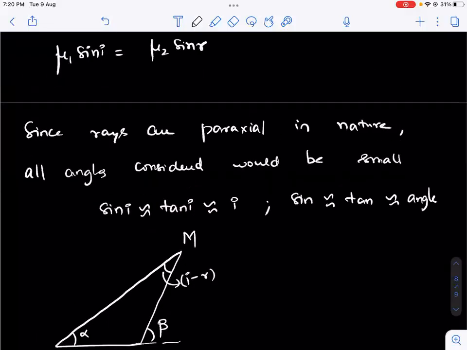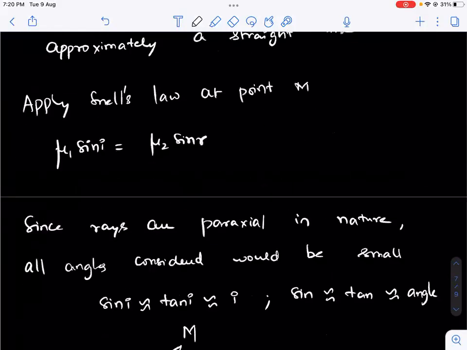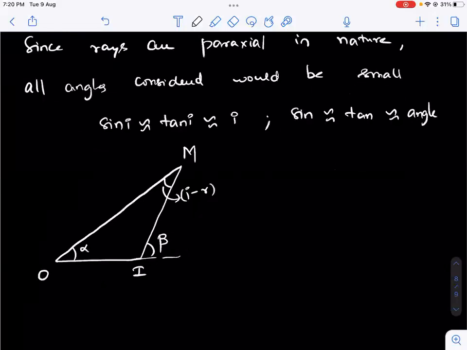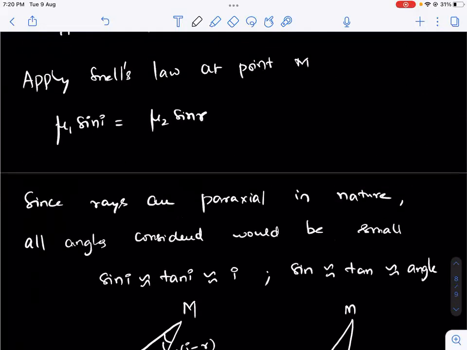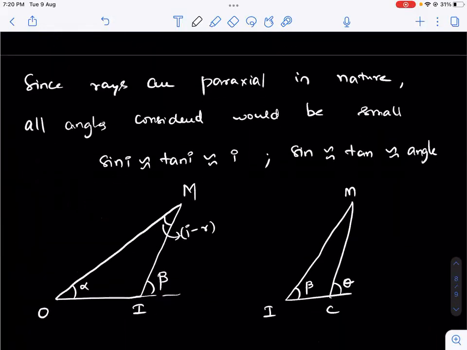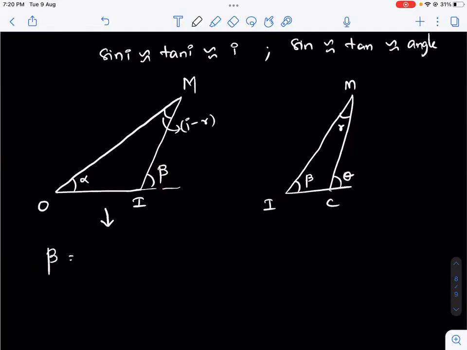Similarly, if I take the other triangle IMC, this angle is theta, this angle is beta, and this angle is R. So from this triangle, what can I conclude? Beta is equal to alpha plus I minus R. Exterior angle is equal to sum of opposite interior angles.